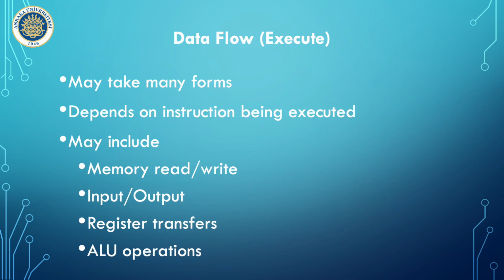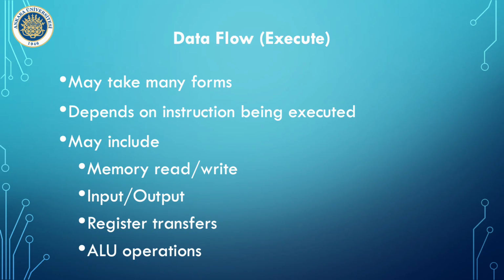During the execute phase, the exact data flow depends on the instruction being processed. For an arithmetic instruction, the CPU will move the operands from registers into the arithmetic logic unit, perform the arithmetic operation, and then write the result back to a register or to memory.